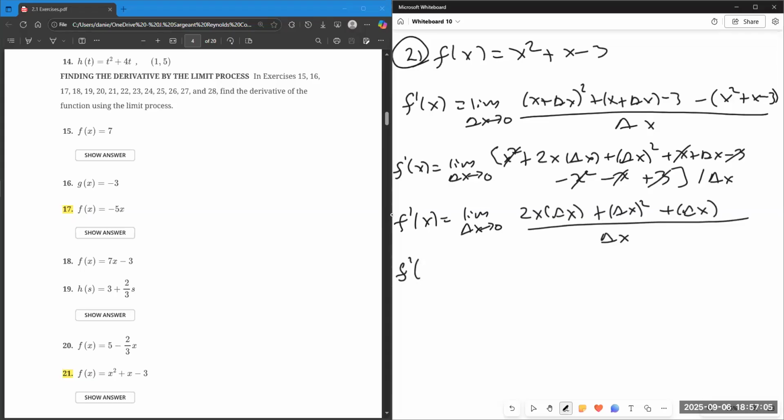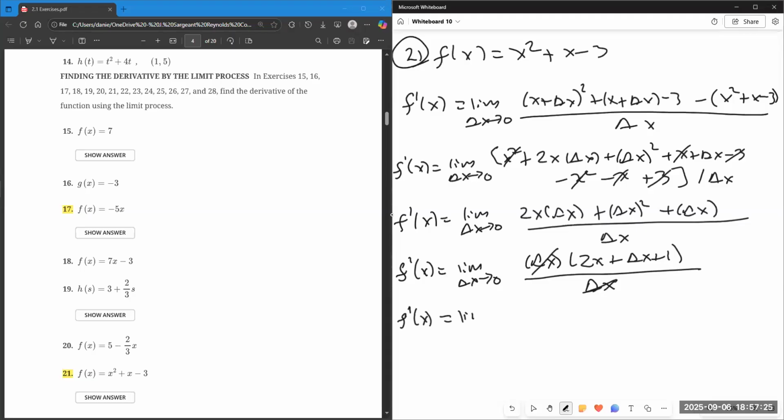So f prime of x is the limit as delta x goes to 0 of delta x times (2x plus delta x plus 1) over delta x. The delta x's will cancel. f prime of x is equal to the limit as delta x goes to 0 of 2x plus delta x plus 1, which is 2x plus 0 plus 1, which is 2x plus 1, and that's correct.